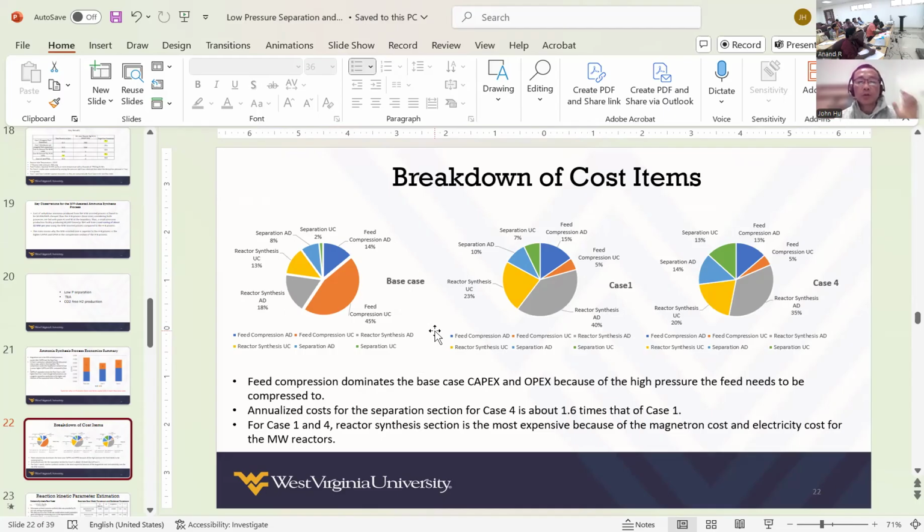If you don't have a commercial case, you have to use your own laboratory data to create a base case. In this case, in Haber-Bosch, we do have a commercial case. Case 1 and case 2 are in a laboratory, but we use the laboratory data to measure a reasonable case. Okay, very good question.